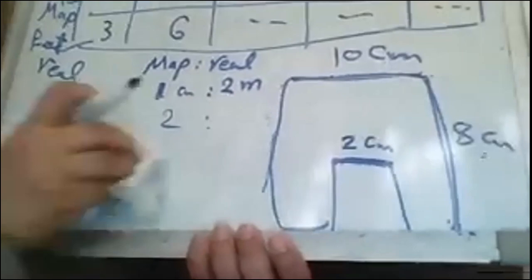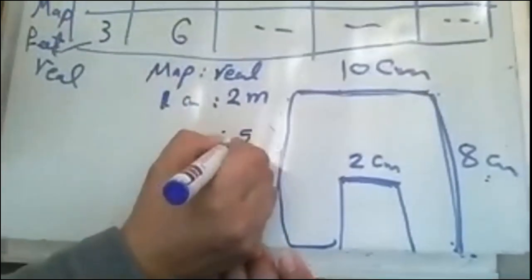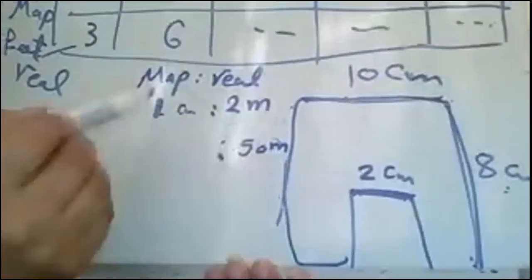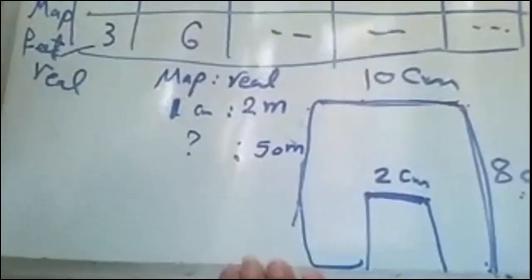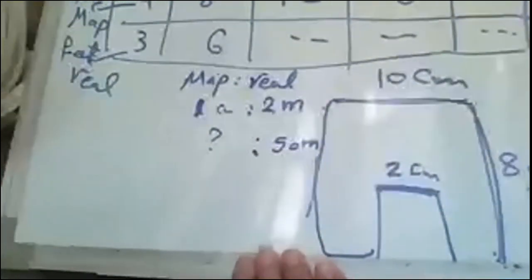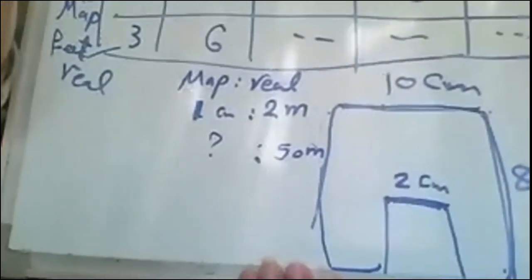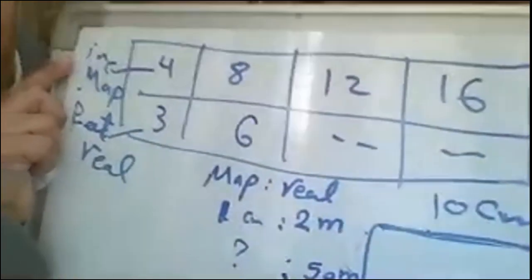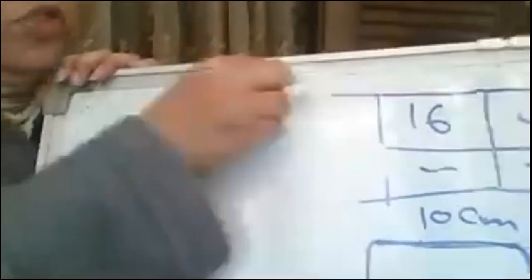If I have a part with 50 meters, it will be how many on the map? 25 centimeters. Excellent, Ahmed. It will be 25. So what is the meaning of scale drawing, grade 7? It is a relation between what?